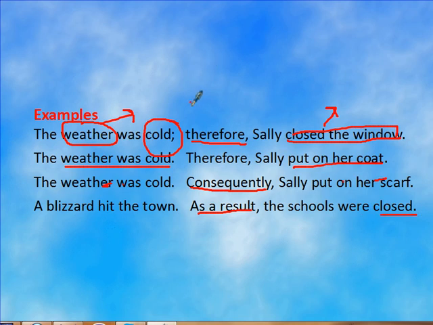So I would like you to pay attention to this part. These are conjunction words for combining causes and effects sentences. Actually, we can understand which part is cause and which part is effect by understanding these words.